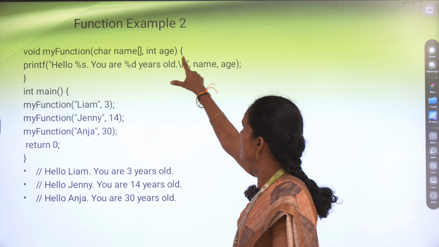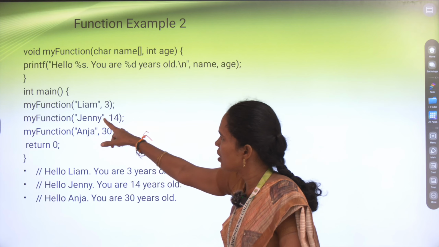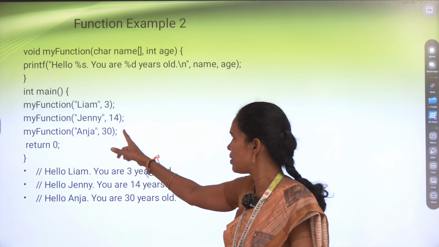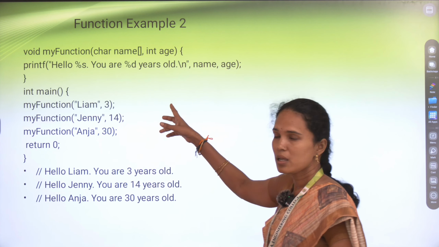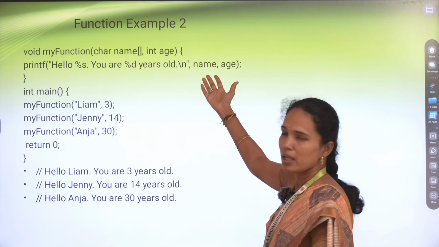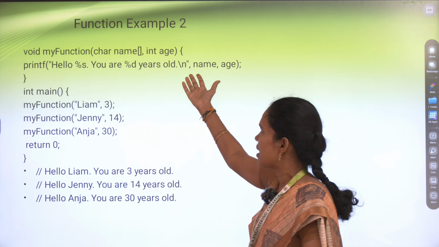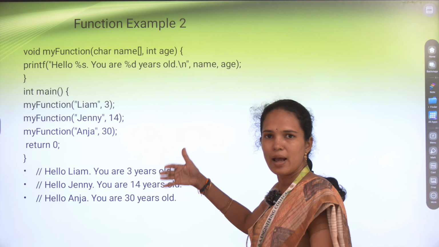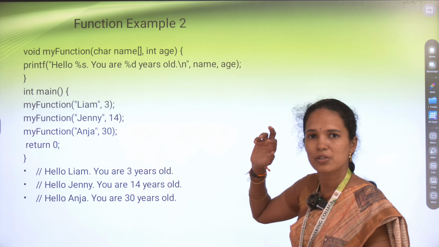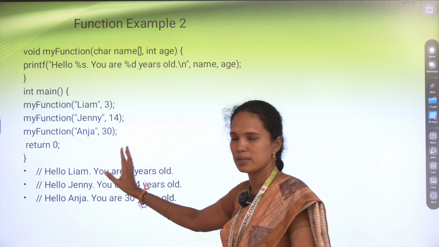The parameters are written here, and while calling you have to pass the arguments like Liam comma 3, Jenny comma 14, Anja comma 30. I can also add others, like character name, age, then class. However many parameters you want to add inside the function, you can add and pass the arguments.